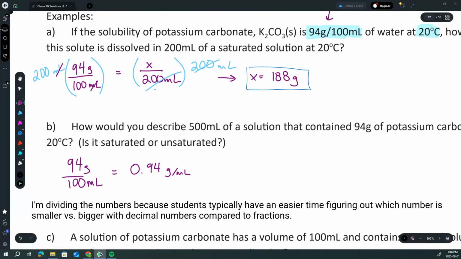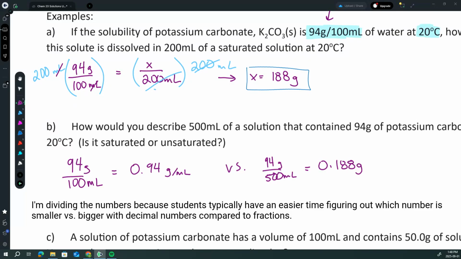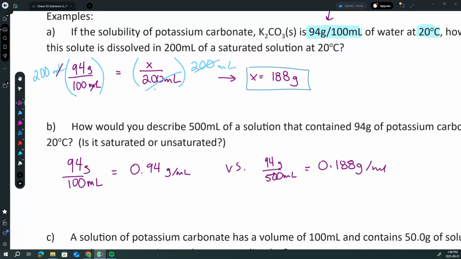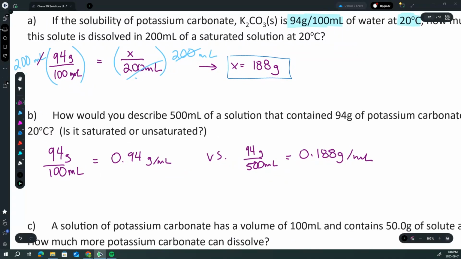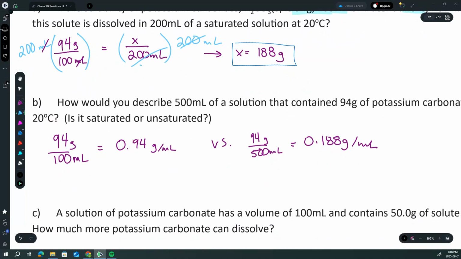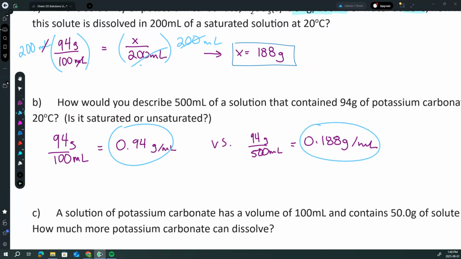Now if we compare this to having 94 grams dissolved in 500 milliliters, so 94 divided by 500, that's going to give us 0.188 grams per milliliter. So as we can see, this number is bigger than this number.